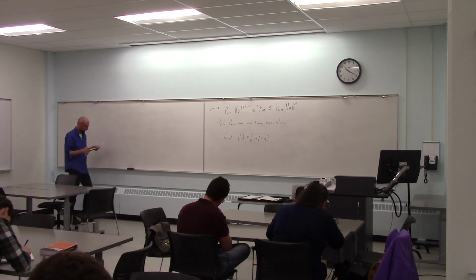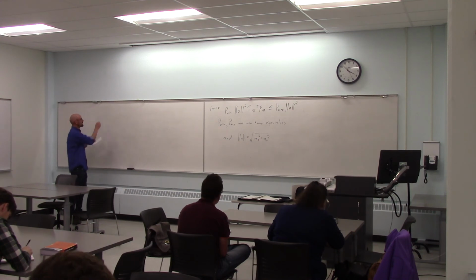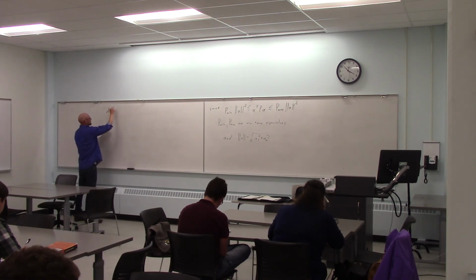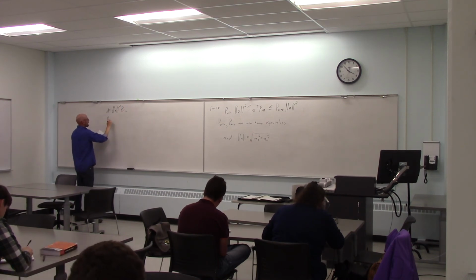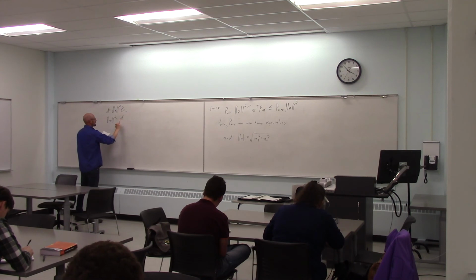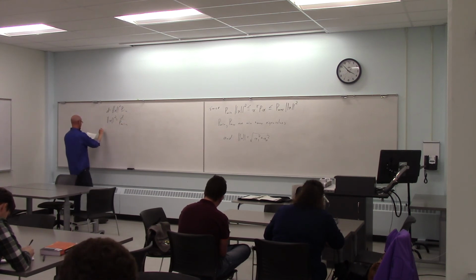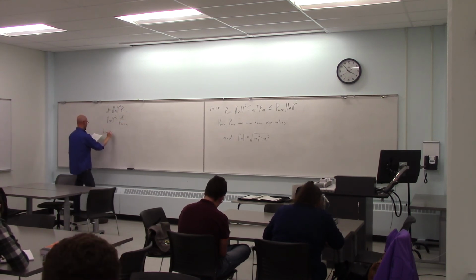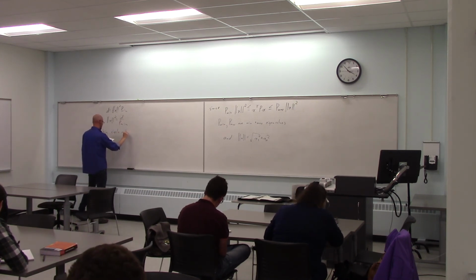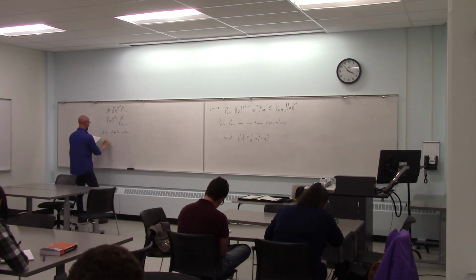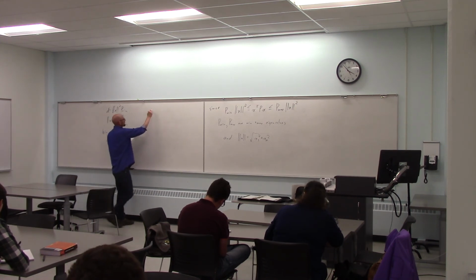Remember, just scream if I'm about to erase something that you haven't written down yet. So I could write D equals norm of x squared times P min, and solve for x squared equals D over P min. Here I'm talking about the big circle, radius square root of D over P min equals epsilon.